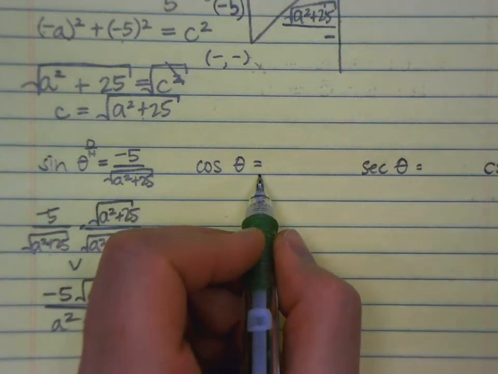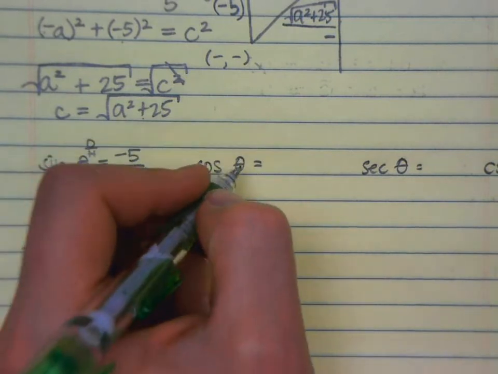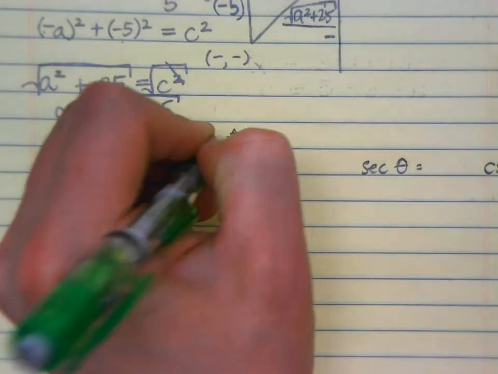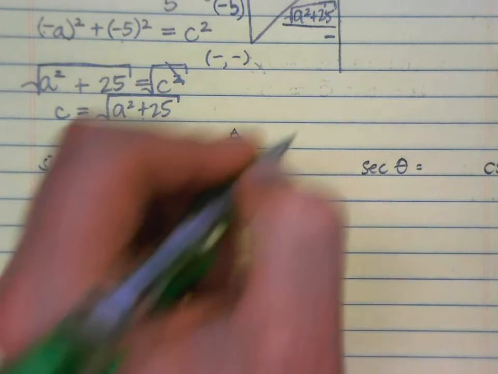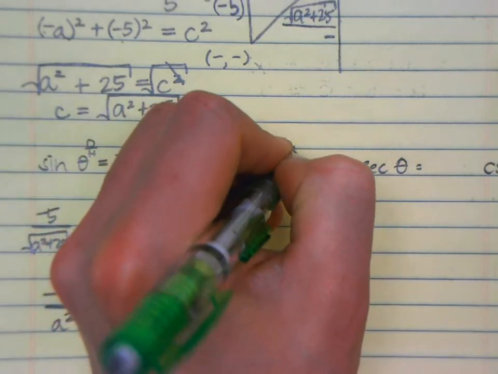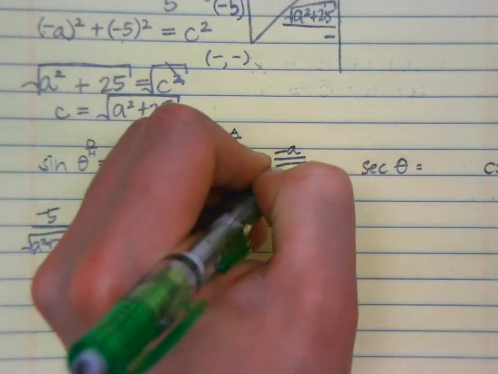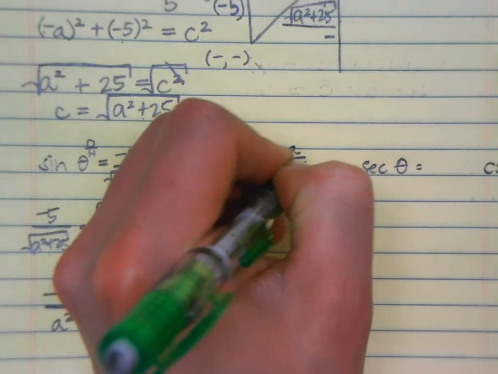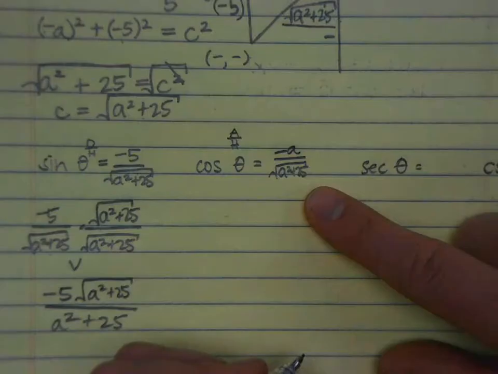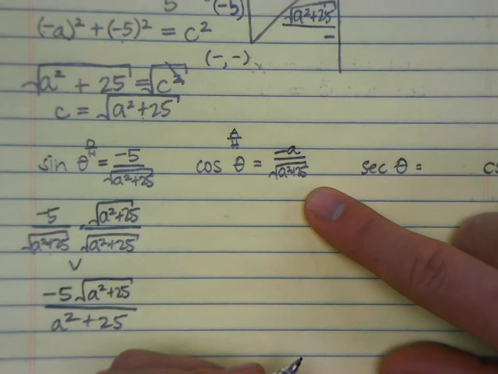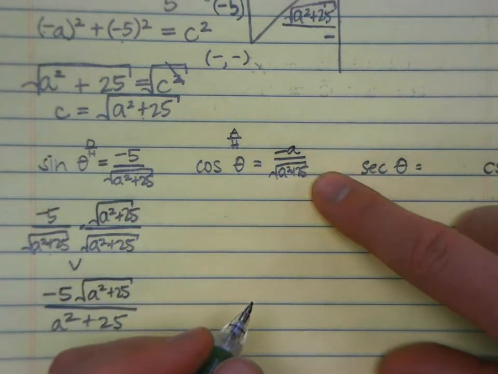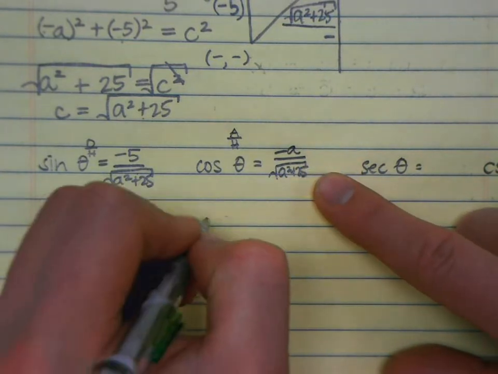Then for cosine of theta, cosine I know is adjacent over hypotenuse, so it's going to be negative a over radical a squared plus 25. Again, exact same process. This is going to have to get simplified because I have a radical in the denominator.